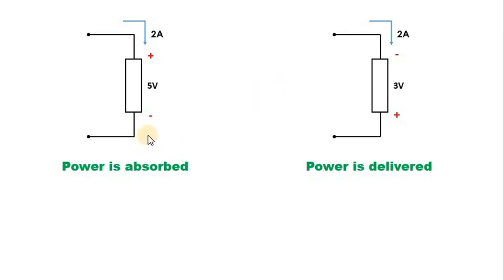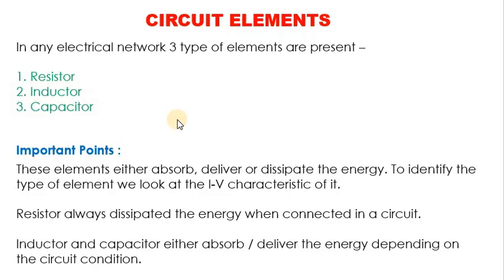Coming to the next topic, which is the circuit elements. In any electrical network that you will solve, there are three types of elements present: the resistor, inductor and the capacitor.